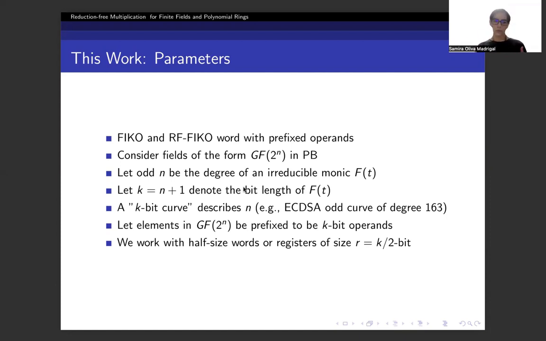And we use the term k-bit curve to describe the modulus polynomial as a curve with respect to the degree. So if it is using an ECDSA odd curve. And we work with half size registers of size RSK over 2.